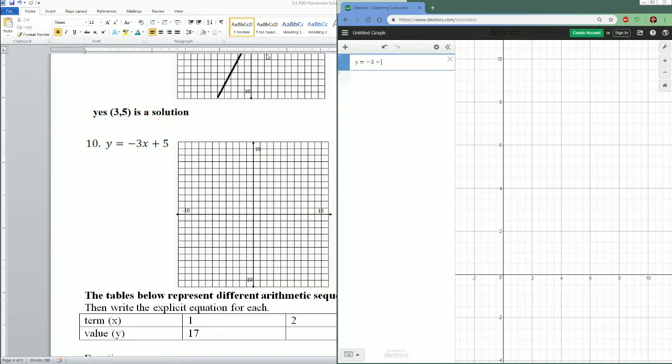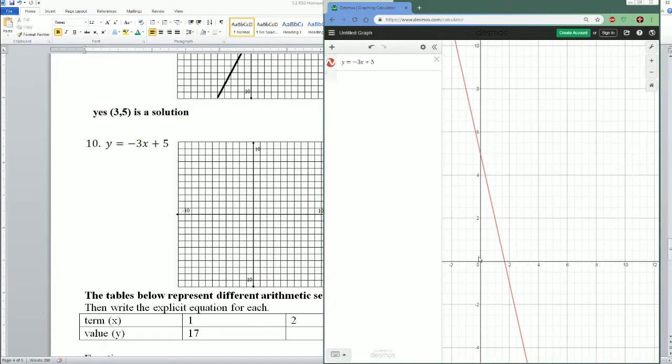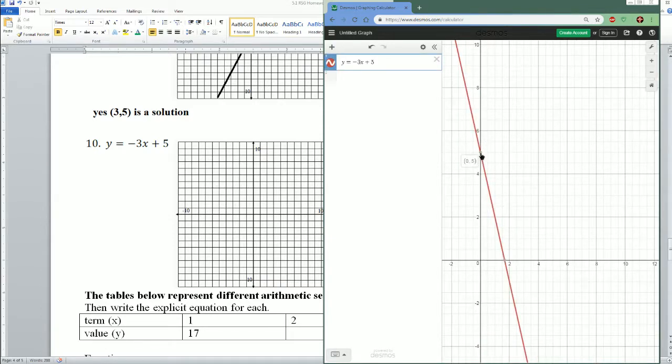Alright, here's the first one. Y equals 2/3x plus 5. So the first one looks like it is 0, 5. Then 1 looks like that's 1, 2.